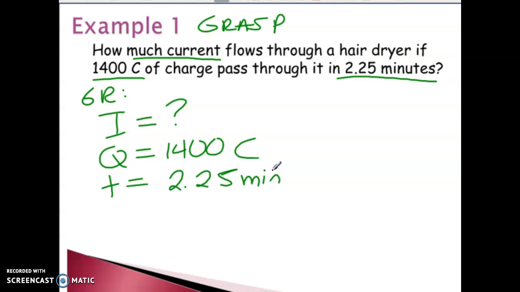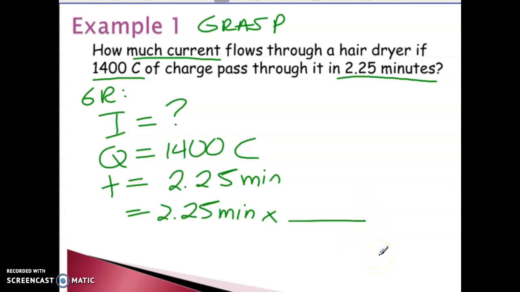So remember, anytime you're doing current calculations with time, it must be in units of seconds. The units are very important here. So we're going to have to convert this first. Now, how are we going to convert this? Okay, I'll show you a simple way of doing this. We're going to use a ratio of minutes to seconds.